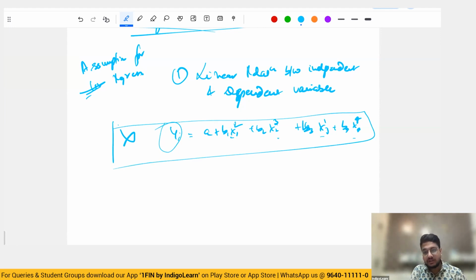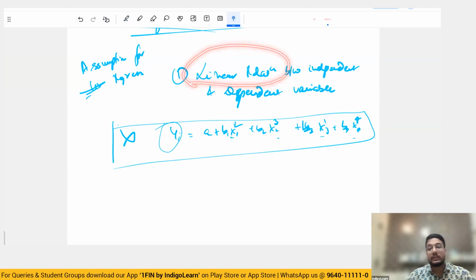In regression per se, we always need a linear relationship between the dependent and the independent variable. I hope it is clear. Comfortable with this? Yes, sir.